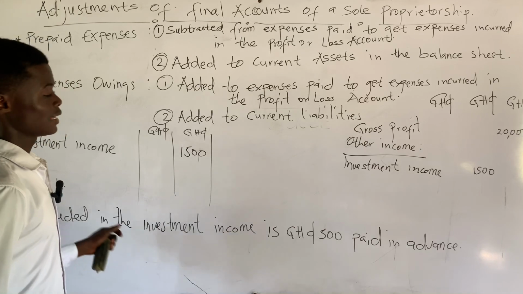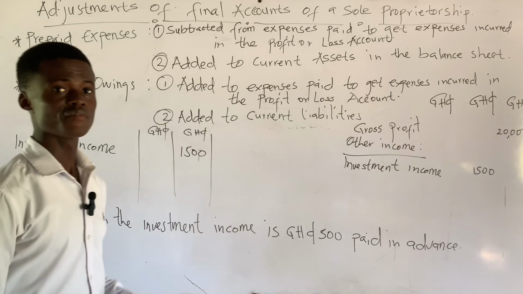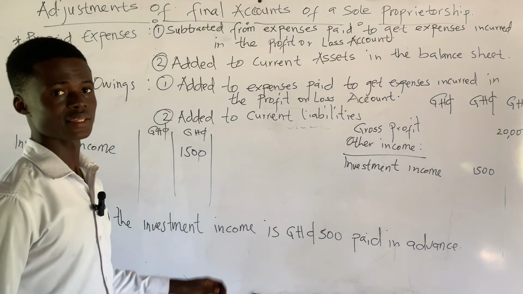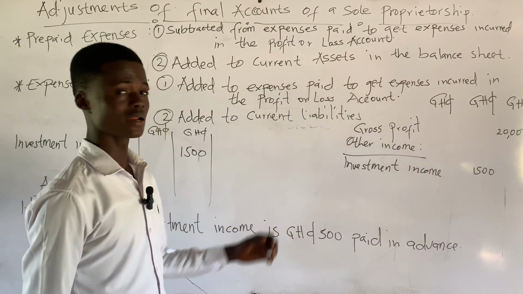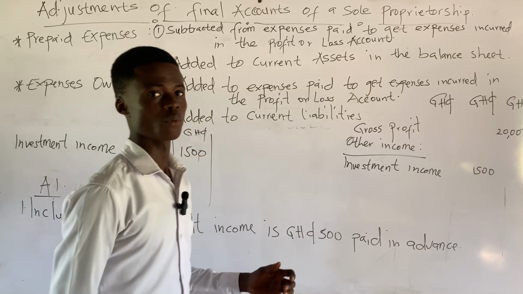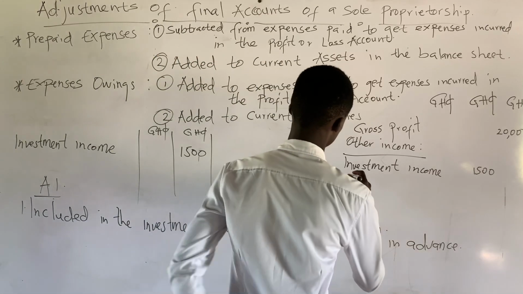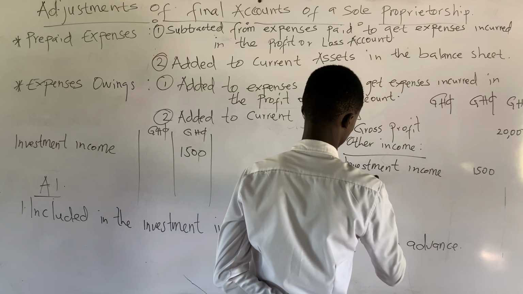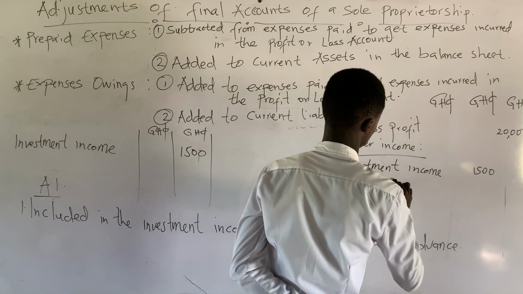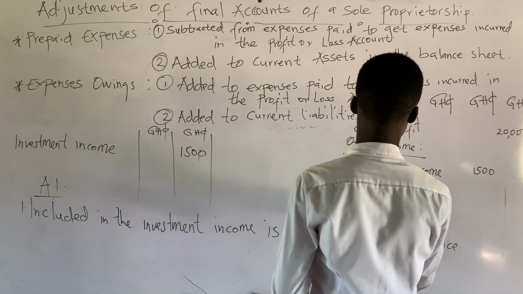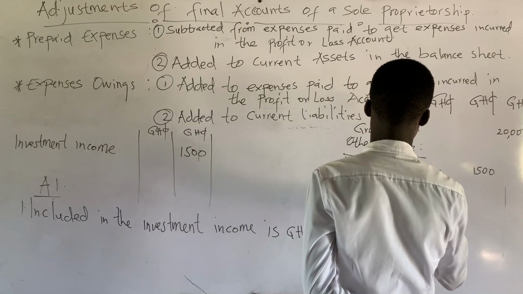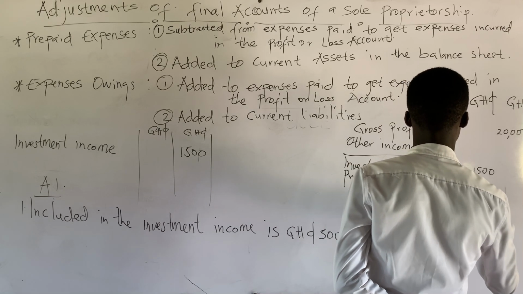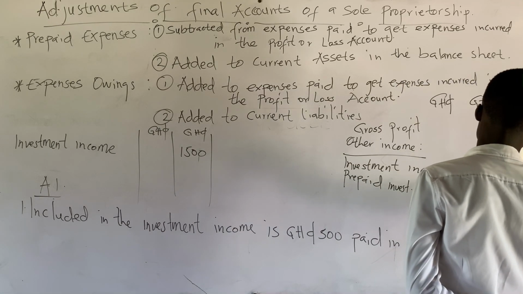But since the one in the additional information is unearned revenue or is paid in advance, then it means it needs to be subtracted or taken out from the one received to get the one earned. So you will bring unearned revenue or prepaid investment income of 500 cedis.